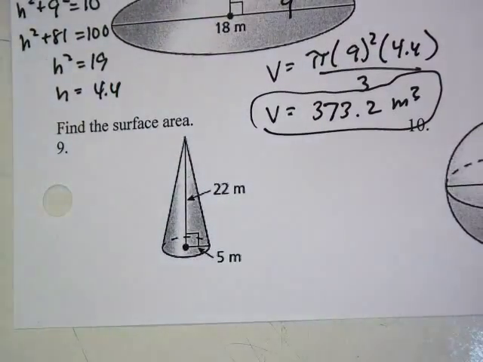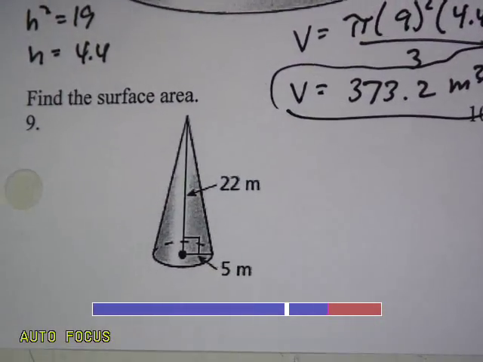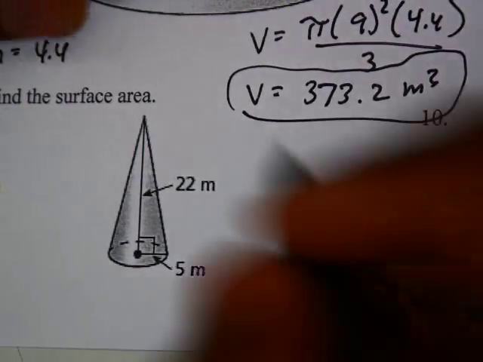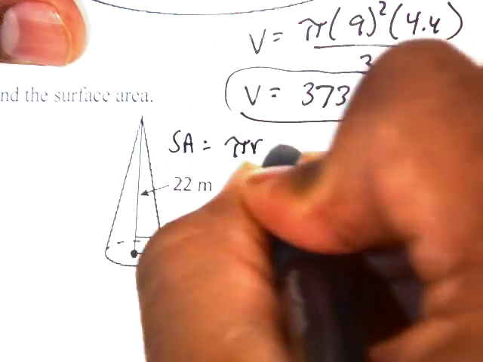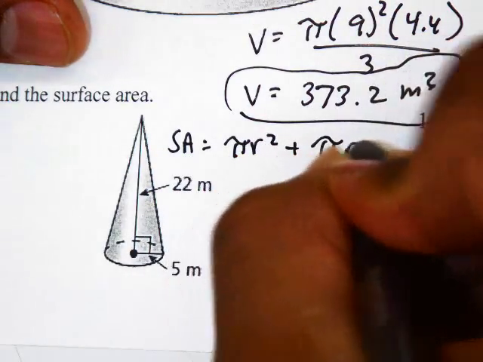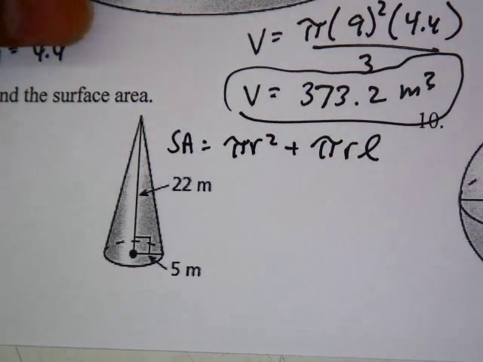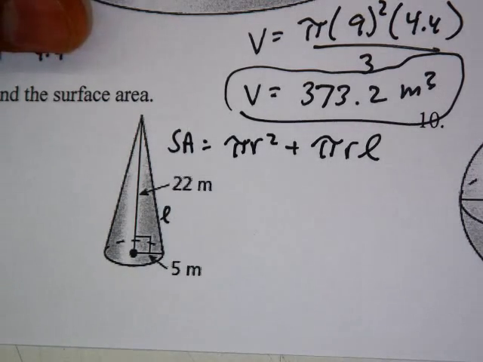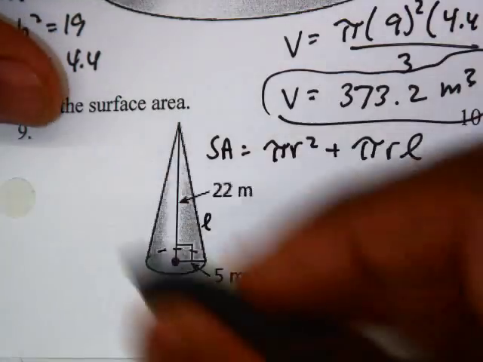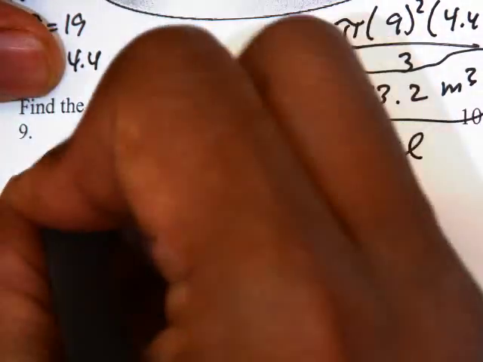So number 9 asks me to find the surface area of this cone. The surface area formula is pi r squared, for a cone at least, plus pi r L. Remember that L is the slant height. It's this height right here, which I do not have. So again, I'm going to use Pythagorean theorem to solve for that.